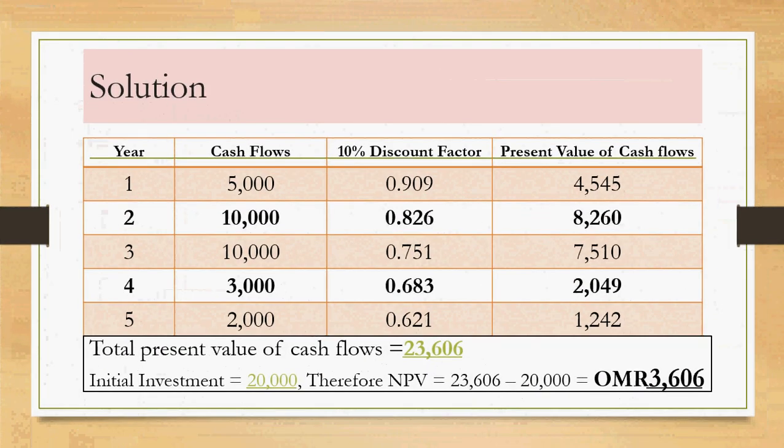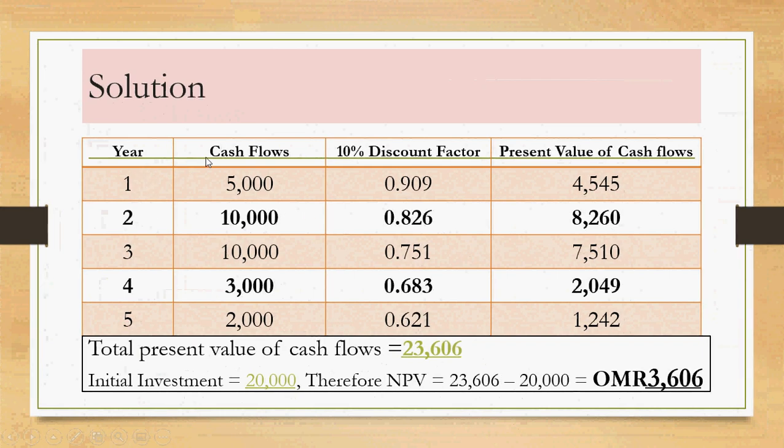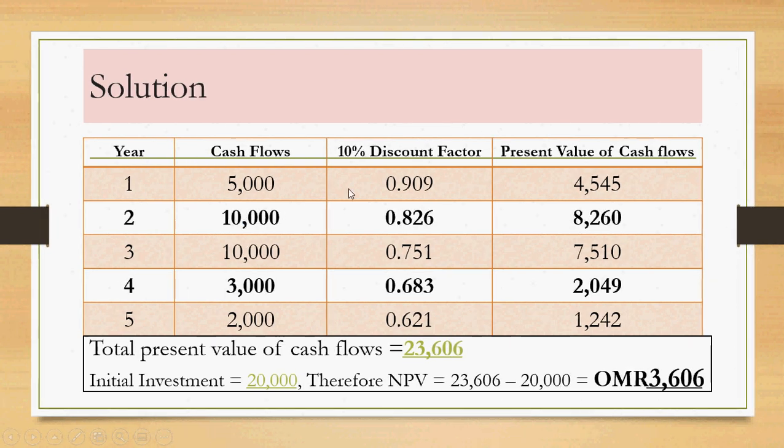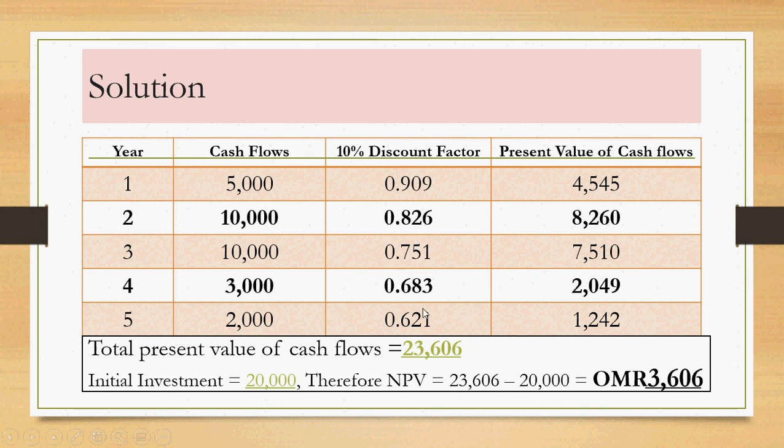Now see, there are 4 columns. First column for year, second column for cash flows, third column for discount factor, and the last column for present value of cash flows. Columns 1, 2 and 3 will be given in the question.